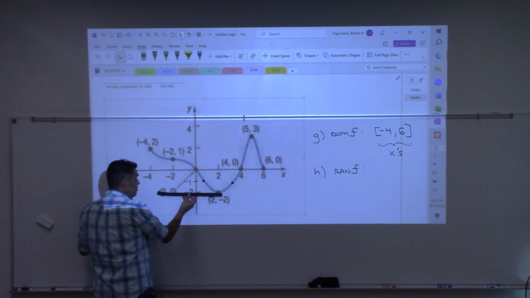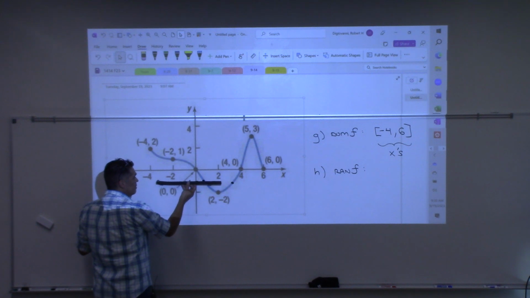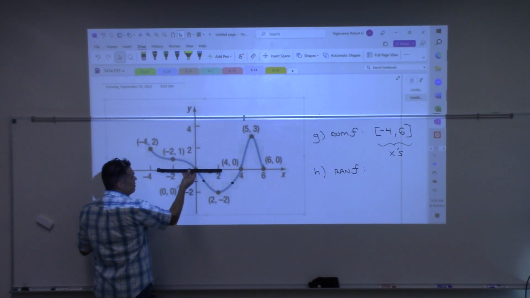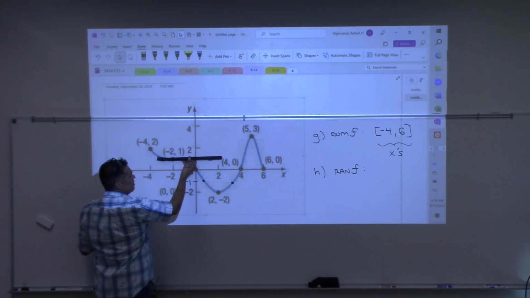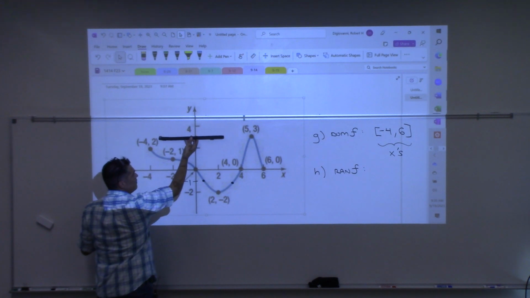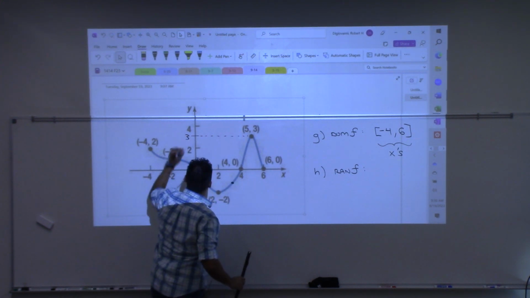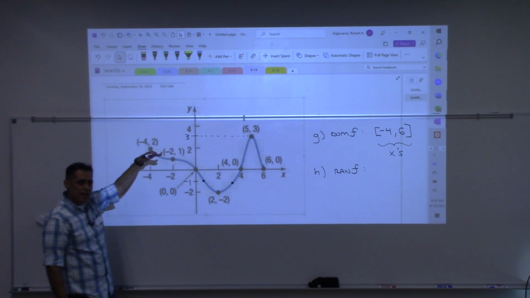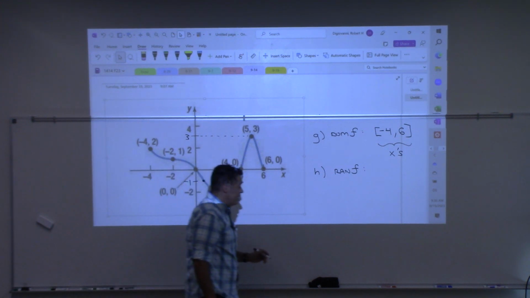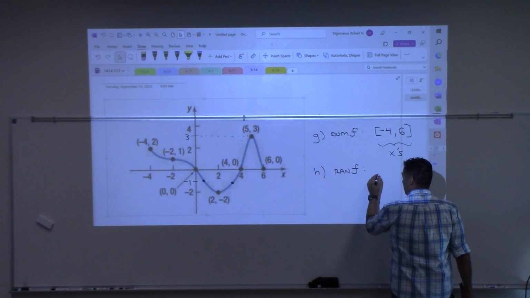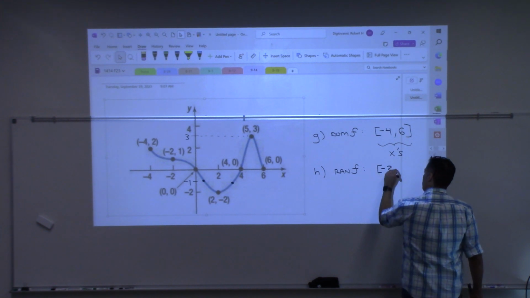So -2, up through -1, up through 0. Am I still getting graph here? Yes? Where do I stop? Is it 5 or 3? 3, right? The highest value that we get out here is 3. So your range went from -2 to 3.